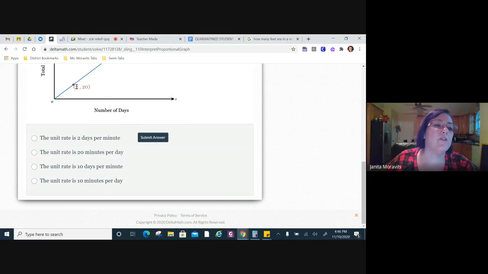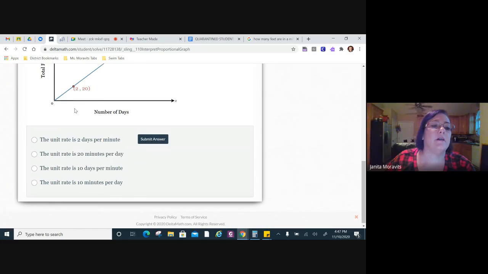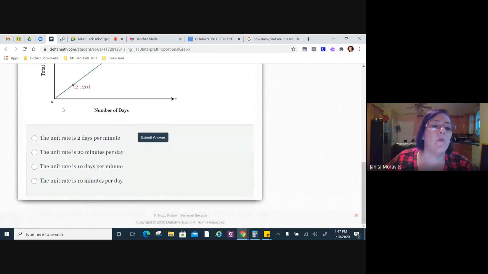So in order to find out what that would be, we would say 2. And how do you get it to a 1? Well, 2 divided by 2 is 1. And if we divide that by 2, we divide 20 by 2. All right, so 20 divided by 2 is 10. All right, so that means that in 1 day she practices 10 minutes.